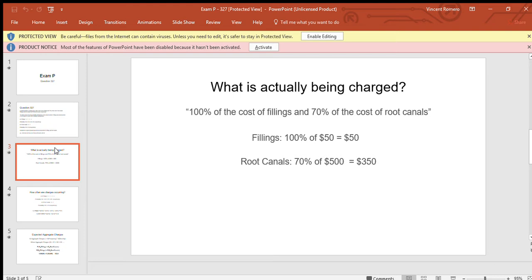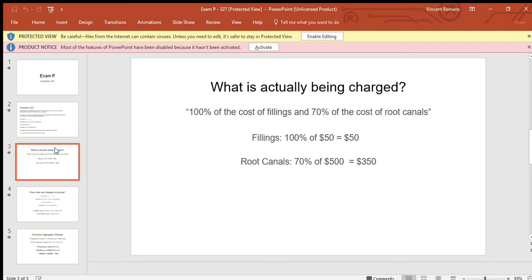So 100% of $50 is the full $50. And root canals is 70%. So 70% of 500 is actually 350. So now we have an idea of where the cash flow is actually moving.